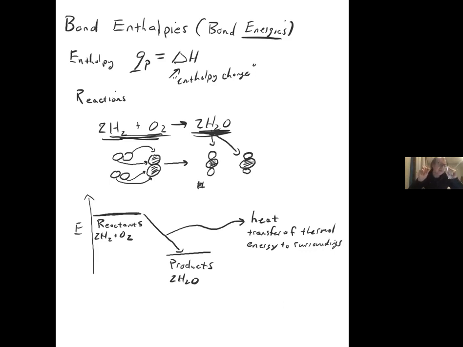Each chemical bond has a certain amount of energy. And if you end up with weaker bonds at the end than what you started off with, there will be a transfer of energy occurring. If you end up with stronger bonds in the products compared to the reactants, there will be a transfer of energy occurring. So if the bond energies are different between reactants and products, there will be a transfer of energy occurring.